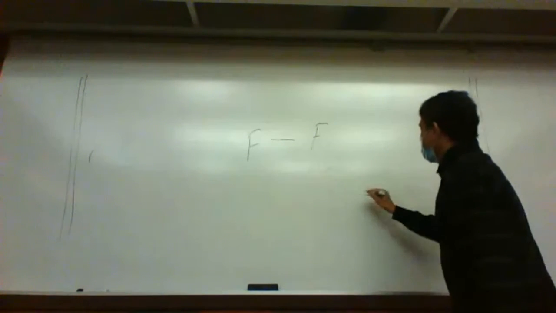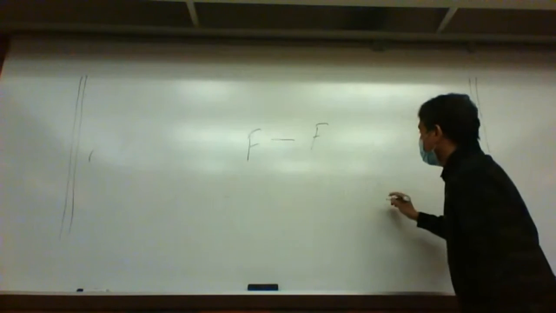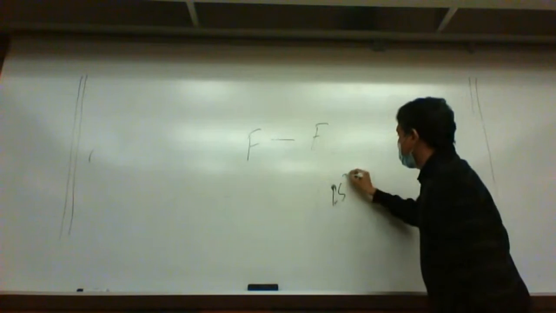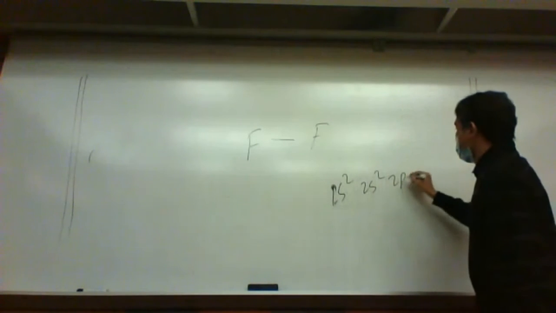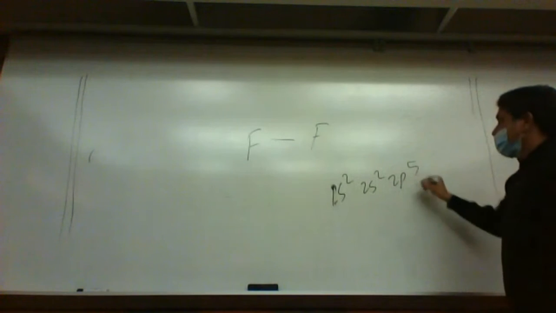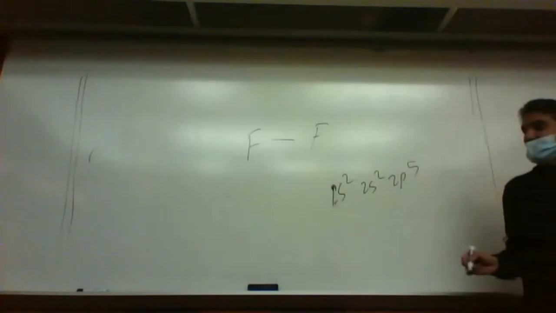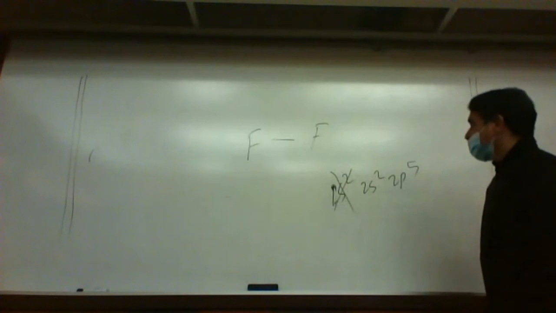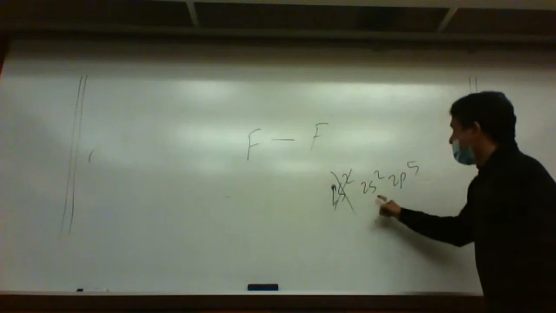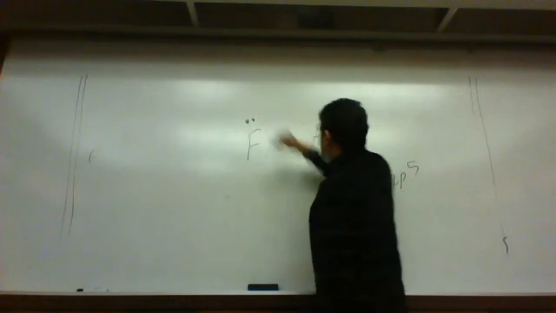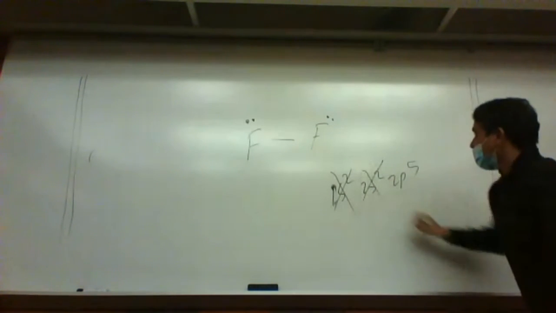But if you look at the electronic configuration, that is 1s2, 2s2, 2p5, right? So the electronic configuration of fluorine is this one. So where are the other electrons? I am not interested in the 1s. So 2s2, you can put this 2s2 here, another 2s2 here. Now I'm done with that one.